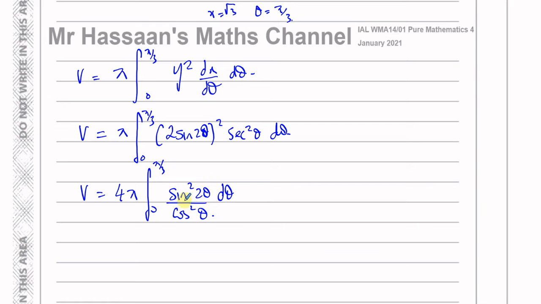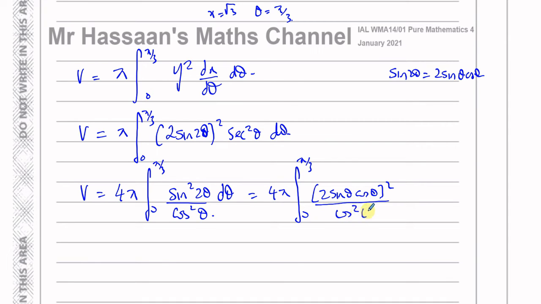One of my identities that we learn is sine 2 theta equals 2 sine theta cosine theta. So if I change this, this is going to be 4 pi times the integral between 0 and pi over 3. Now sine squared 2 theta is the same as 2 sine theta cosine theta squared divided by cosine squared theta, and we want to integrate that with respect to theta.